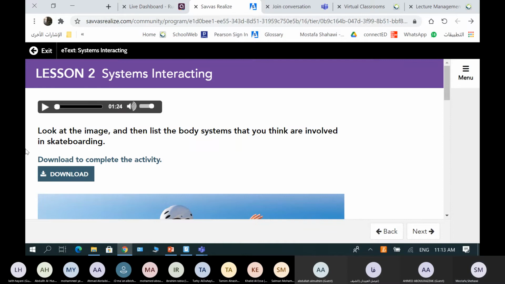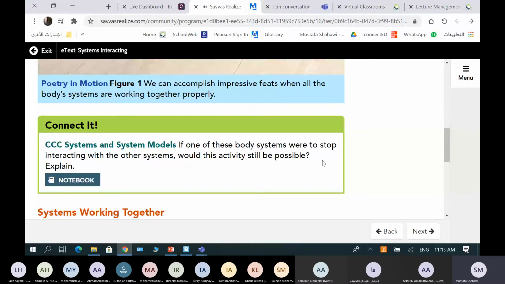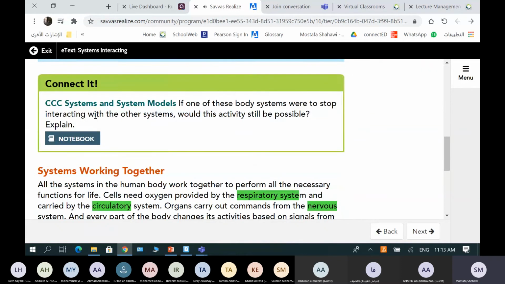Let's listen to this from here. Look at the image, and then list the body systems that you think are involved in skateboarding. Connect it. Predict. If one of these body systems were to stop interacting with the other systems, would this activity still be possible? Explain. So he's asking to predict here.